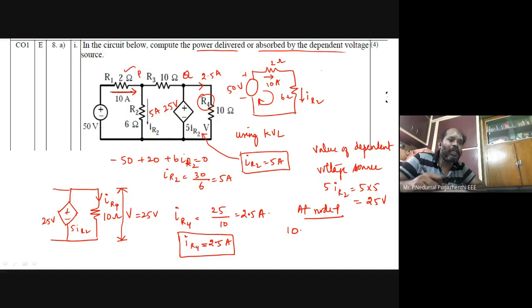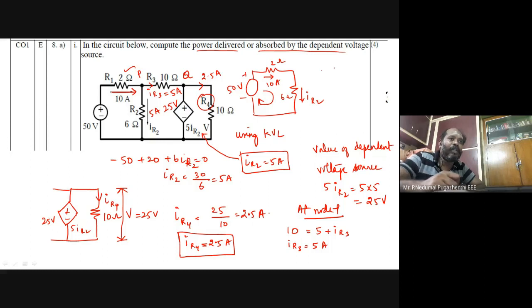The incoming current is 10, which is equal to 5 plus IR3, where I name this current IR3. So what will be your IR3? IR3 will be 5 amperes. So the current passing here is going to be 5 amperes.